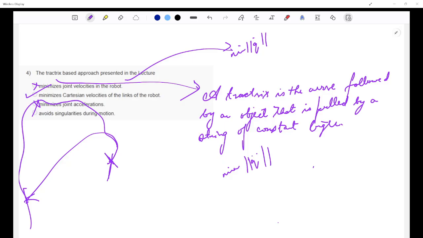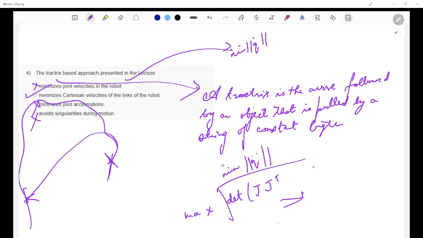For example, maximize manipulability, that means maximize the determinant of J J transpose. This keeps the robot away from singularities. However, tractrix based motion does not explicitly handle singularity avoidance. So this is also incorrect.